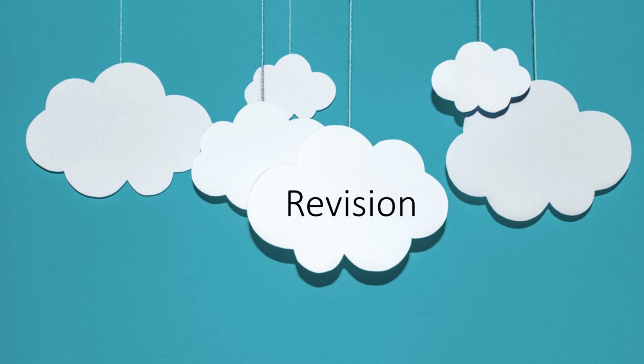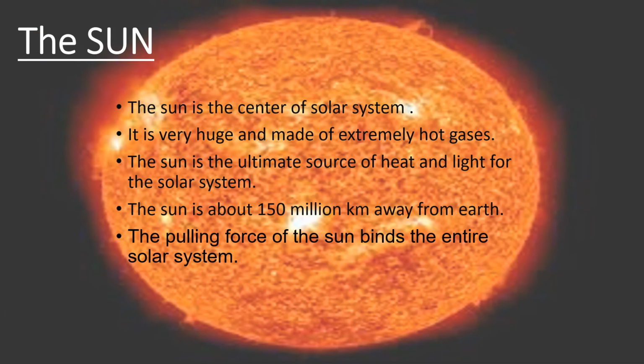Okay, so now let's learn about today's topic, that is the sun. Today we'll be completing our chapter, and the topics that were left are the sun, asteroids, meteors and meteorites. So today we'll be completing these three topics, the sun, meteoroids and asteroids.